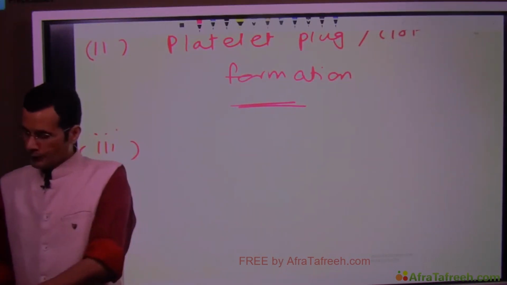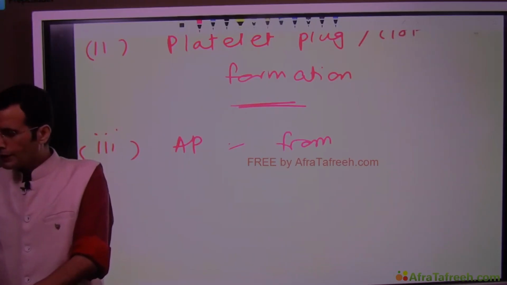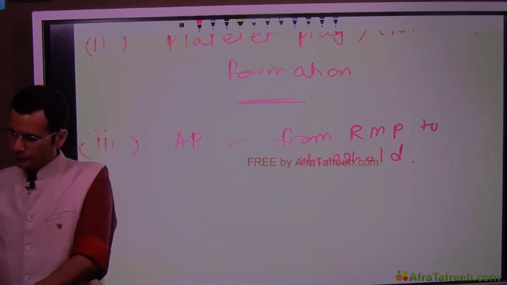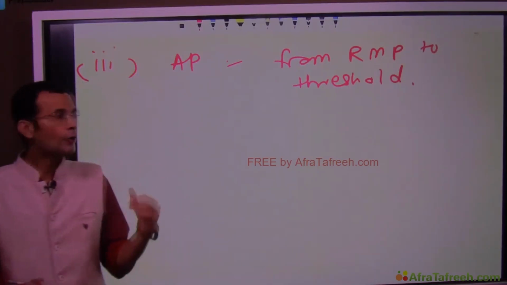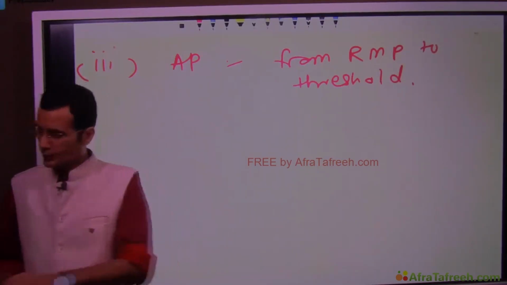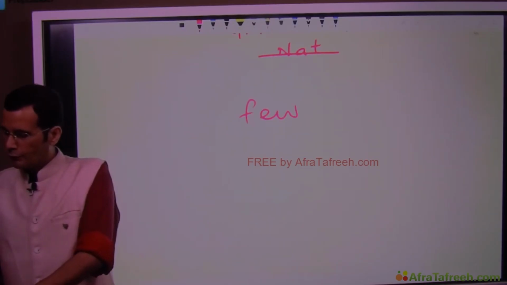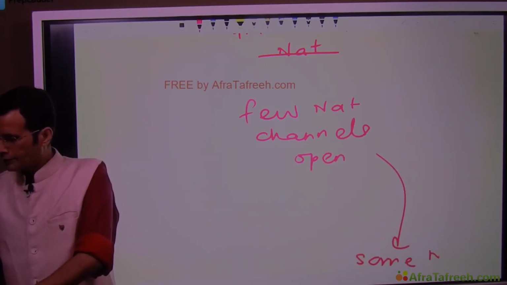Then action potential depolarization from RMP to threshold. This is by positive feedback. I mean, during depolarization, how it reaches a threshold value is like this. Initially a few sodium channels are open, so some sodium enters.